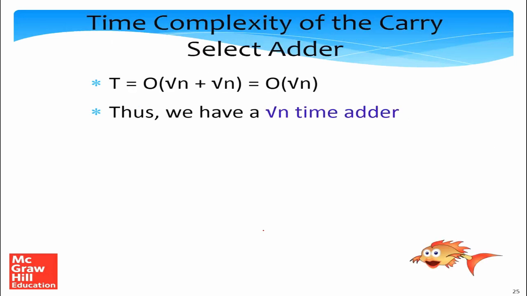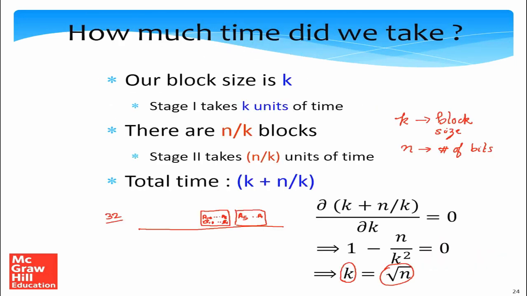And what is the fastest possible time? It's essentially k plus n by k, and when k is equal to square root of n, it becomes square root of n plus n divided by square root of n, which is 2 times square root of n. This can be written in our approximate notation as order of square root of n, because all additive and multiplicative constants are ignored.